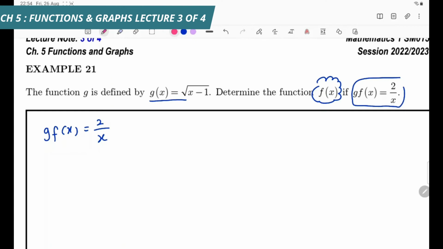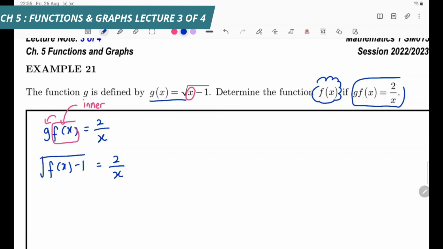And then if the unknown function is the inner function, we're just going to substitute f(x) into g. So here, change x to f(x). So we have the square root of f(x) minus 1 set equal to 2 over x.